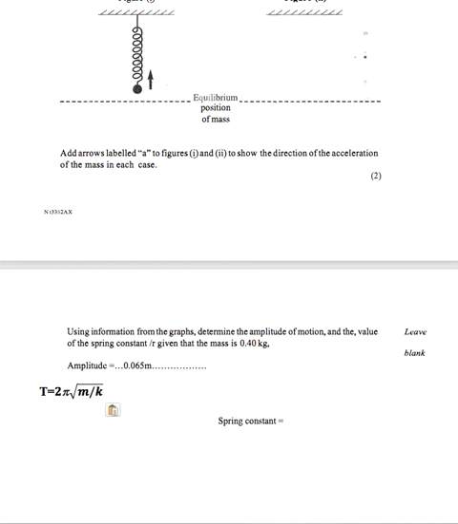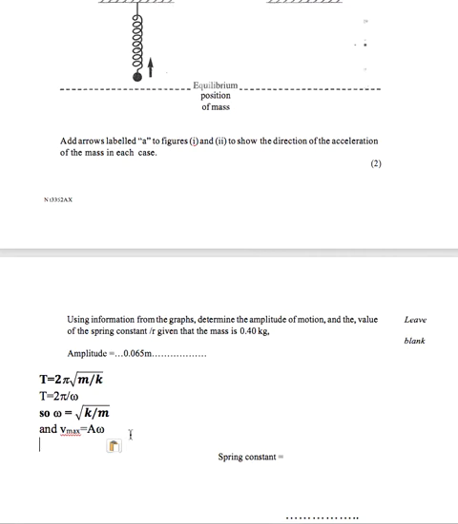So if we did that, what we could do is say, well, we also know that the period is 2 pi over omega. So omega is root k over m, and V max is A omega.